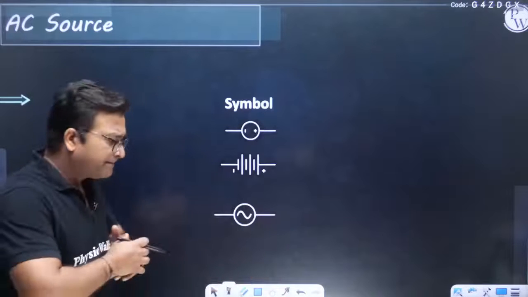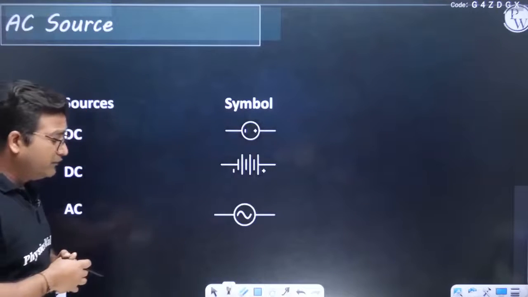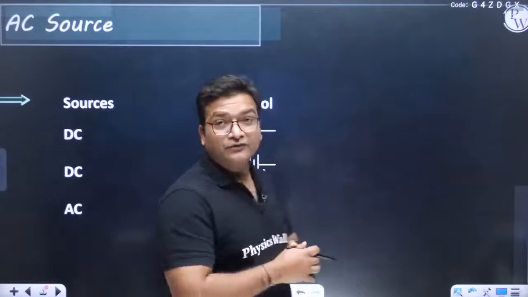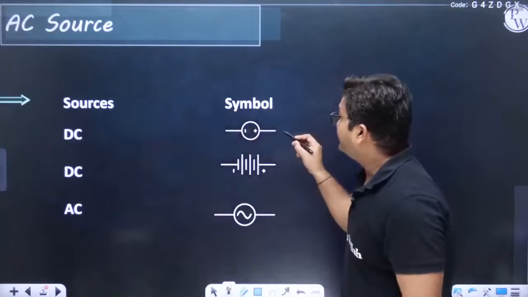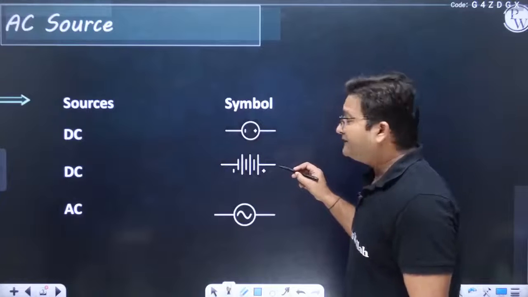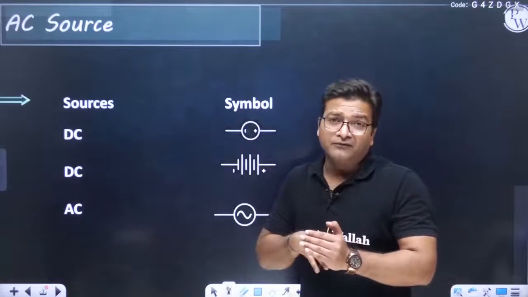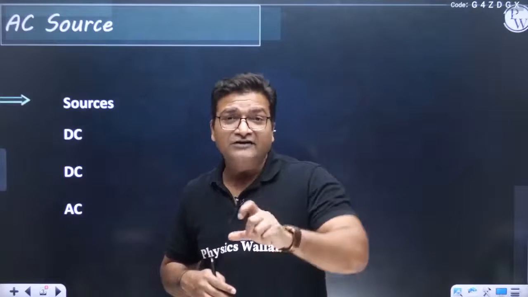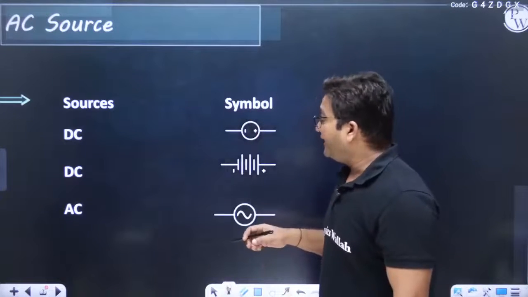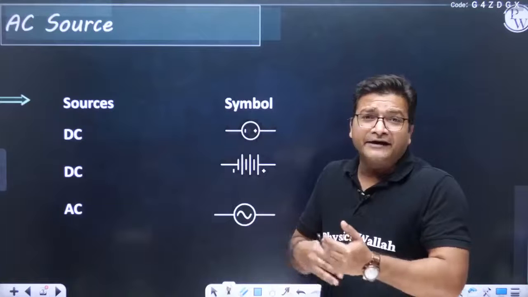So I think you remember how we used to represent DC sources or batteries. The symbols for DC batteries were either this or this. But in alternating voltage sources, we do not have fixed polarity. The polarity is flipping. Sometimes the left end is positive, sometimes the right end is positive.